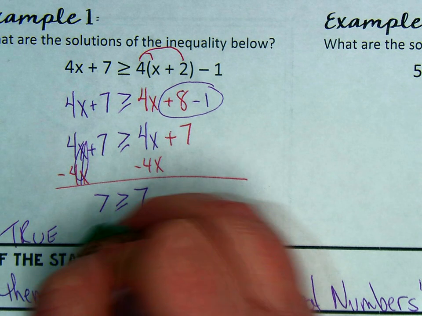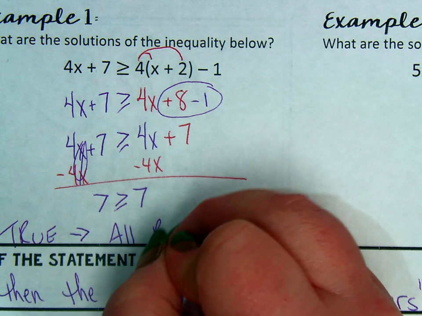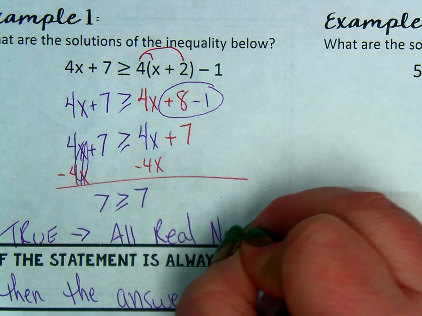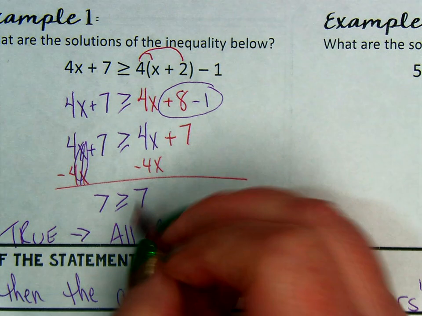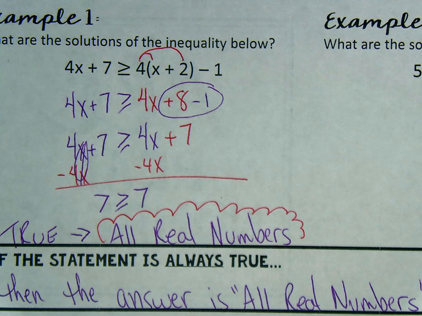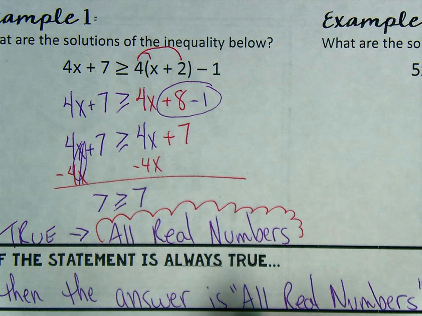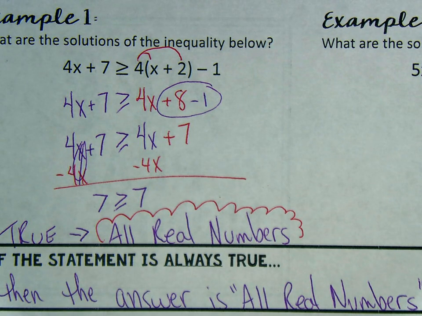So because this is true, we know that the answer is all real numbers. And that's how we would solve example 1. What you don't want to do is start adding 1 to both sides or adding 1 to the same side. 8 and 1 are on the same side. That is how I get 7. I want to simplify that before I start moving anything.